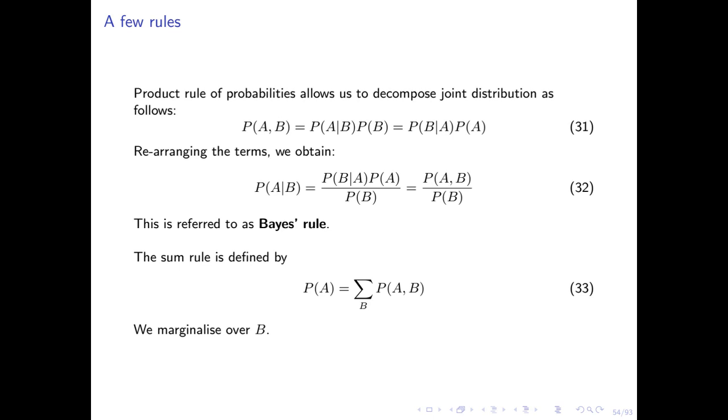So Bayes' rule is: the probability of A given B is equal to the probability of B given A times the probability of A, divided by the probability of B. And we're going to extensively use this.